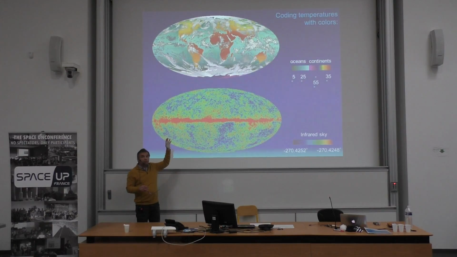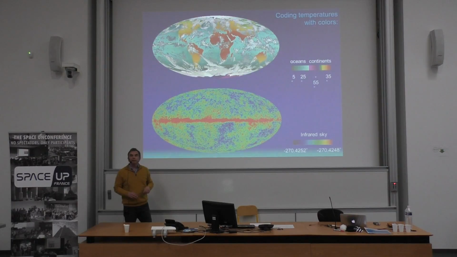This is a comparison with what you do when you observe the Earth with an infrared imager, the upper part of my slide. You code the temperatures of the oceans from 5 to 25 degrees, the temperature of the continents from minus 55 to plus 35 degrees Celsius. And so you can, of course, understand what happens on the Earth.